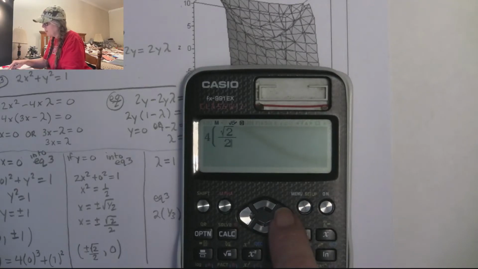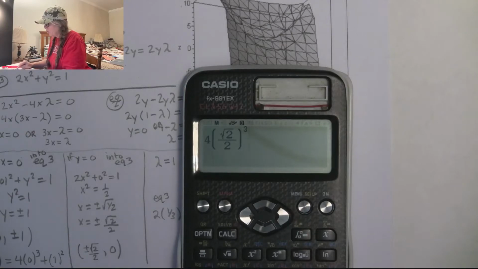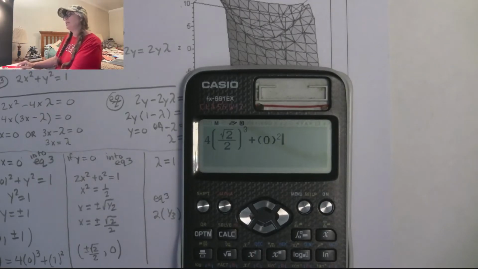I'm doing the positive one right now, as you well know. And then I'm going to end that parenthesis and raise that to the third. And then I want to add that with whatever my y value is squared, and my y value here is 0.